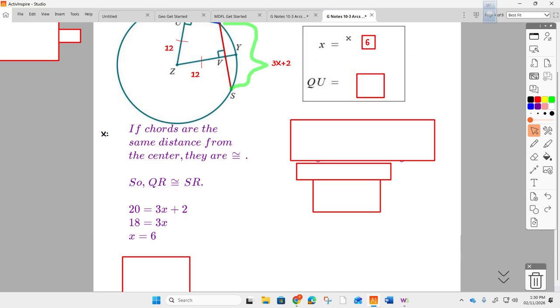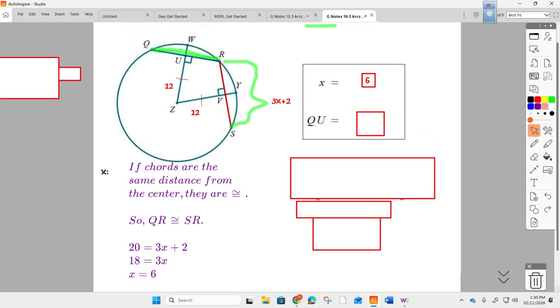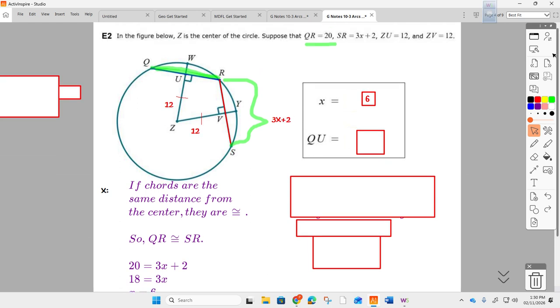Okay. So the 3x plus 2, the algebraic expression? That was a given. They told us that SR had a length of 3x plus 2.